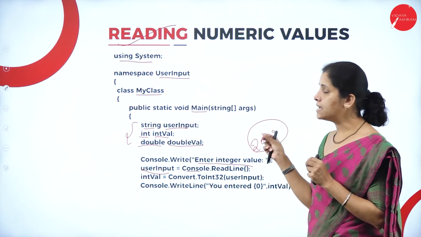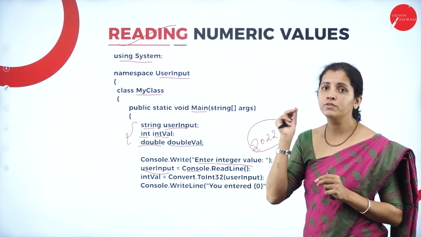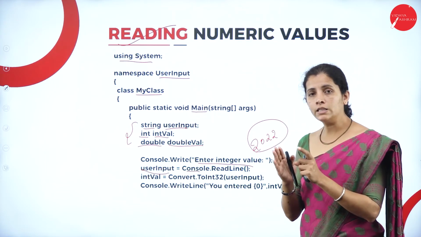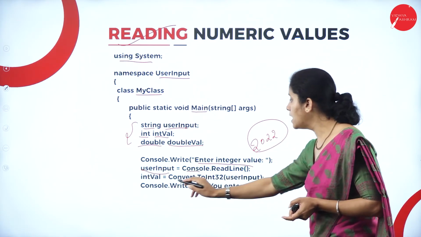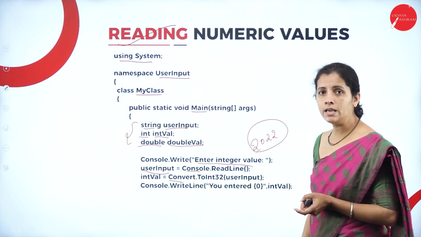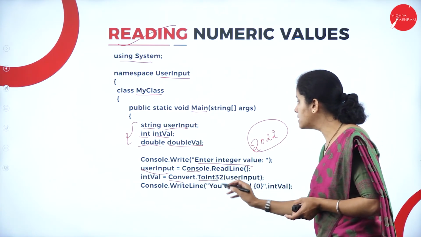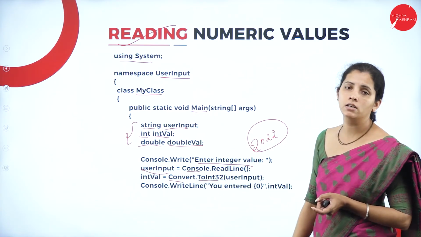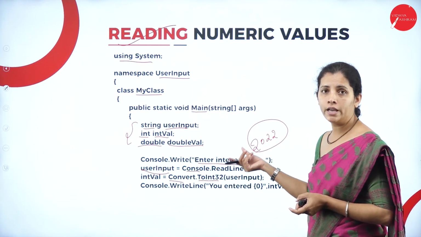In C#, whatever input I read is in the form of string. Now I want to convert that string into integer. For that, I'm going to use Convert dot, the method ToInt32. So this is the size of the integer.